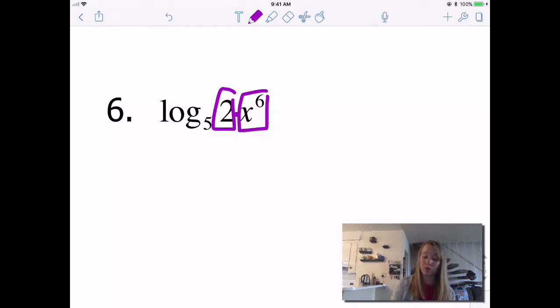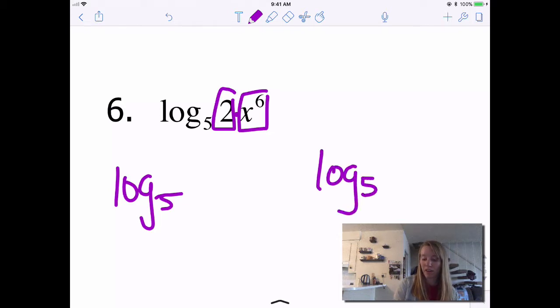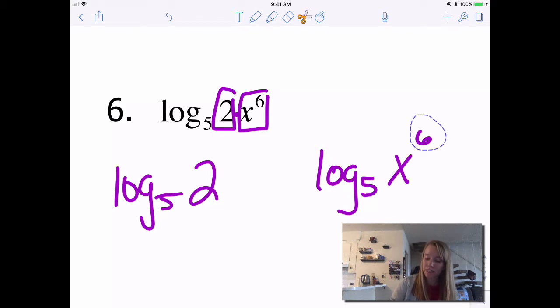Okay, I've got 2, so I'm going to write log base 5, log base 5. The 2 gets its own, and the x to the 6 gets its own. Maybe you even notice that this 6 is really an exponent, so it can be a coefficient. Since I've got multiplication, I can expand with an addition sign.